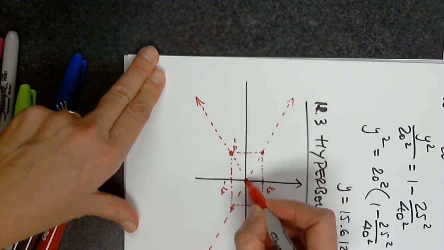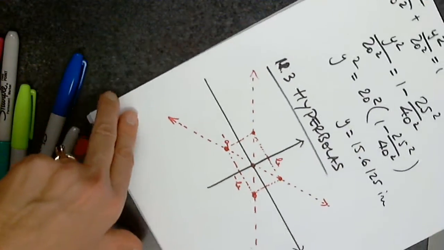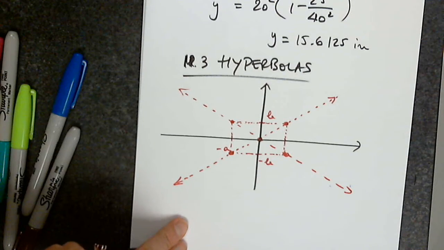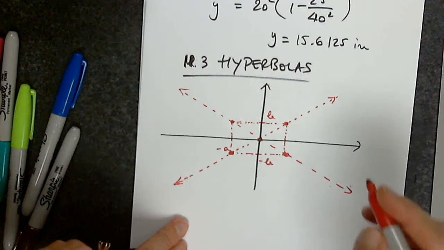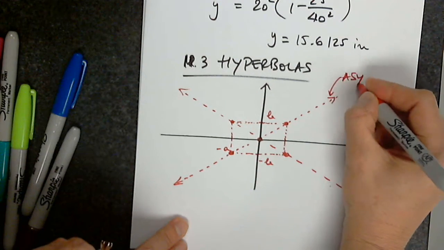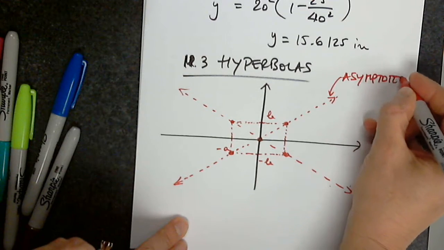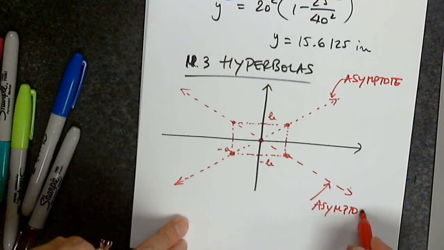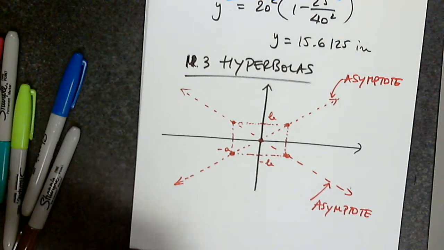Through this corner, and this corner. These 2 lines will be the asymptotes of the hyperbola. And that's another one. Two asymptotes?